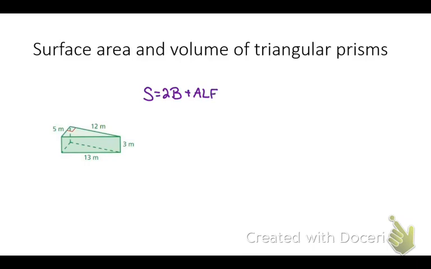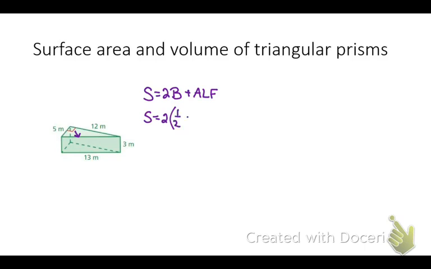Okay, now you have to be careful. All right, and now I'm just going to remind you what I said when we learned this lesson. The side across from the right angle will never be the height of your triangular base, okay? So when I'm finding the area of my base, I do 2 times, because it's a triangle, 1/2.